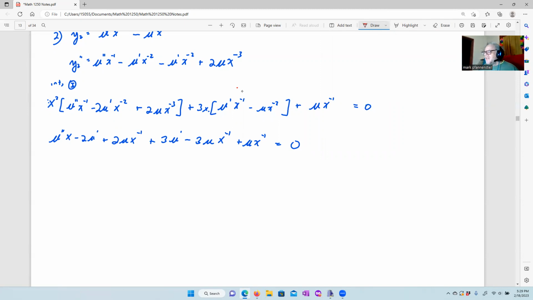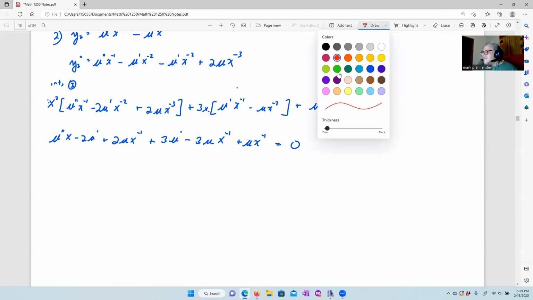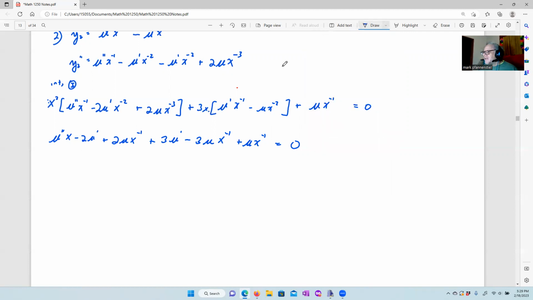Okay, so I've got, let's see, did I make sure I have my signs in here? I did not. So that's a thing. Let's double check to make sure that we cleared our signs correctly. Okay, that's always the case here.